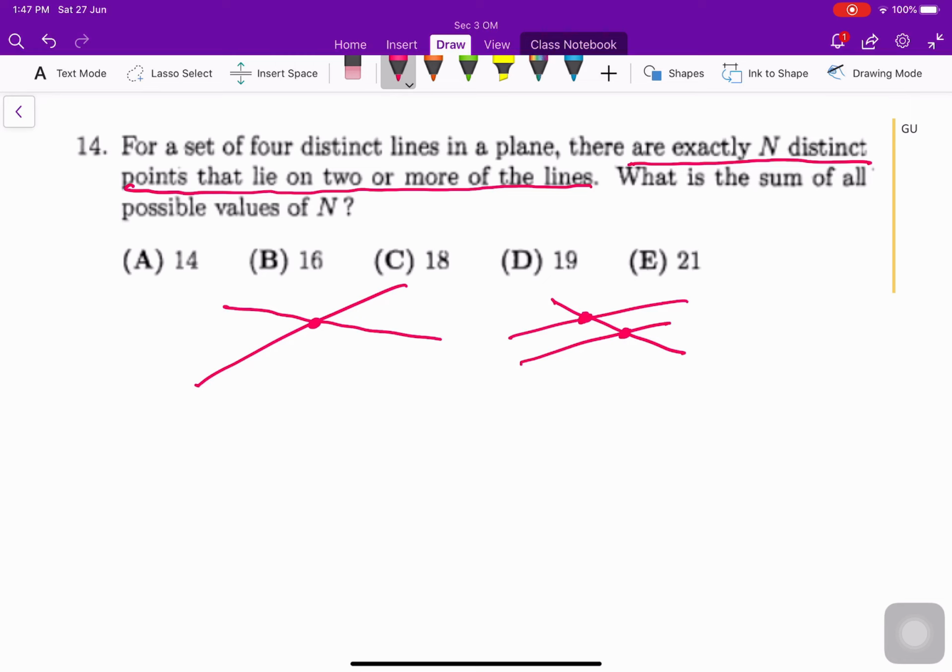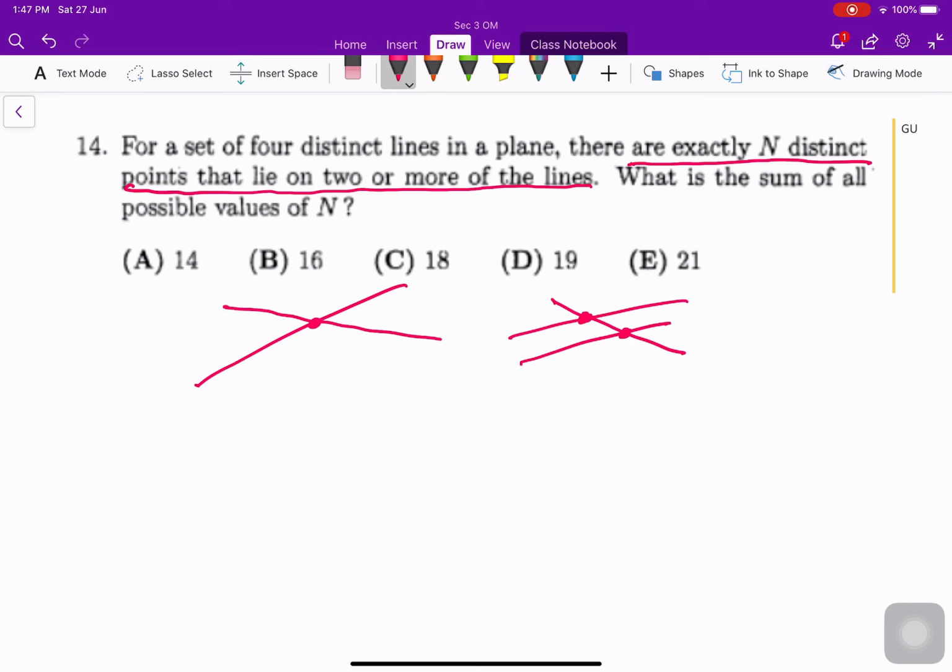Therefore in this case, ask ourselves this question: what is the maximum number of intersections for these four lines? The maximum number of intersections is actually, for the four lines, you choose two, because you need two lines to intersect to get one point.